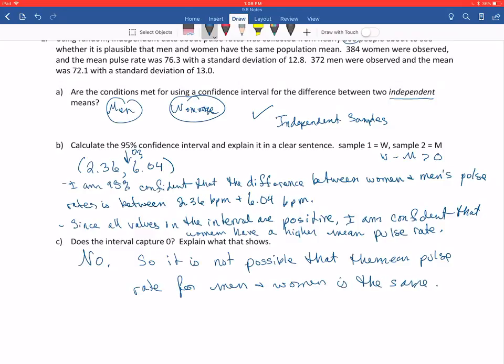That's what a 0 would mean. If there is a 0 in there, it would mean it's at least possible that their pulse rates are the same. So when 0 is not in there, it means that it's not even possible. Based on this information anyway, it's not even possible that they're the same.